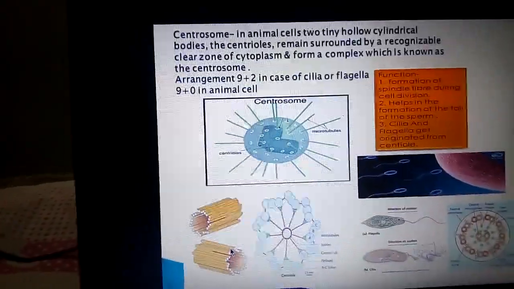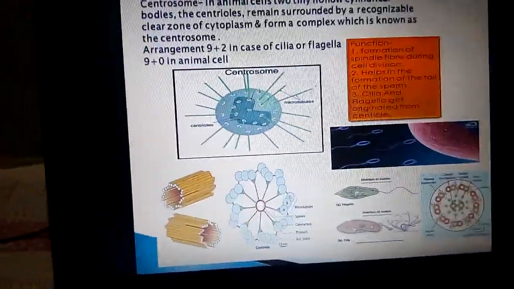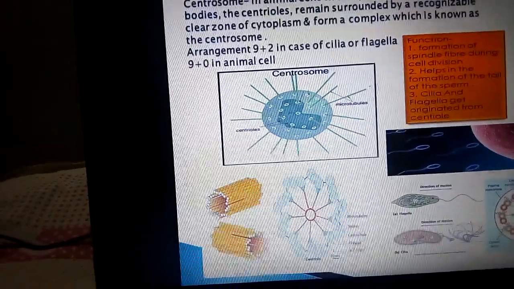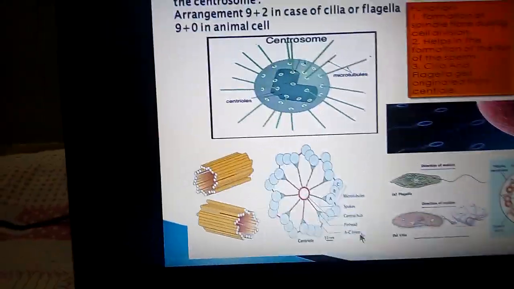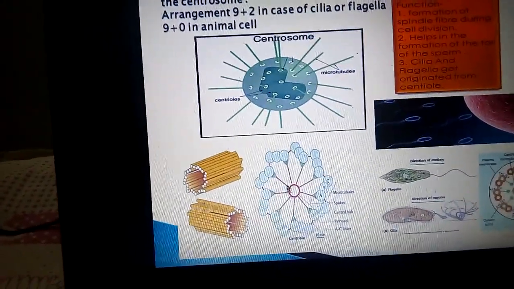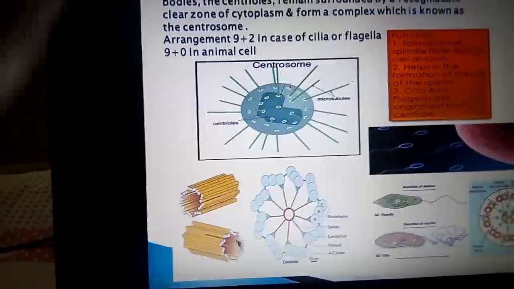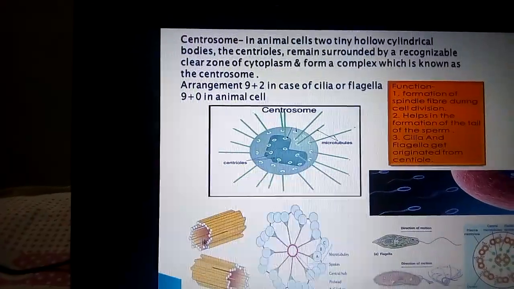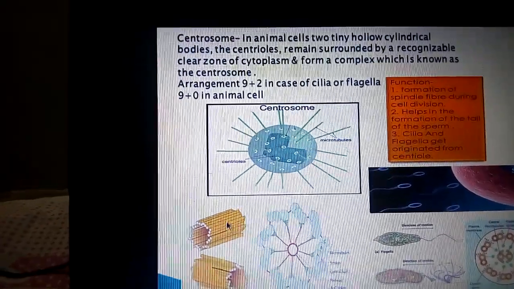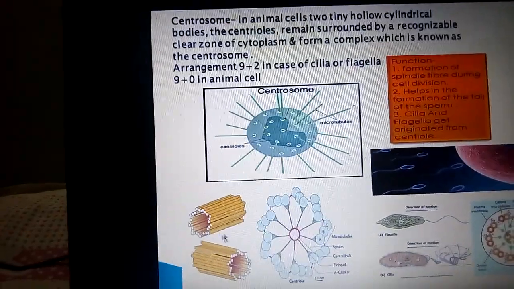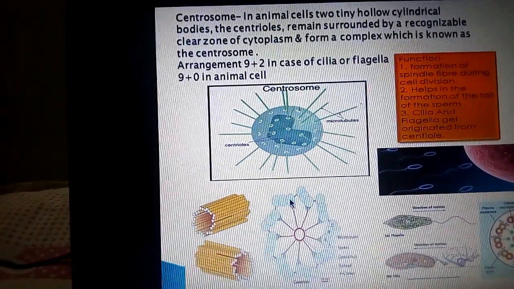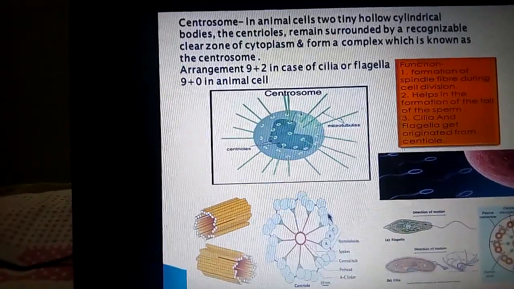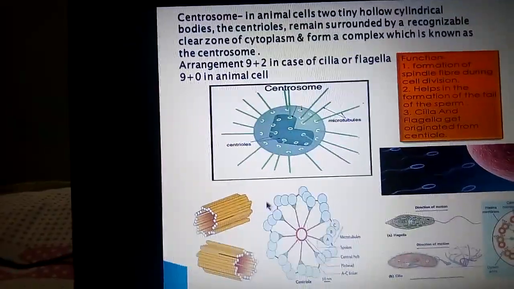Very important point: 9 triplets means, if we look at this cross-sectional view of the centriole, that is, when we cut the centriole transversely, look at this diagram, 3 subtubules each, total 9 microtubules are here.